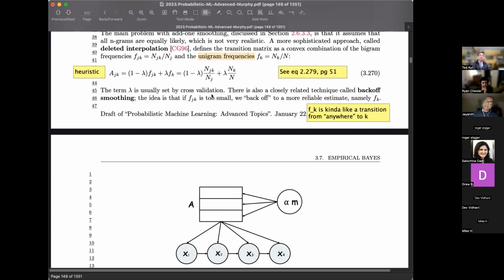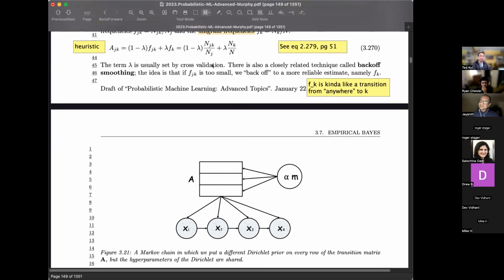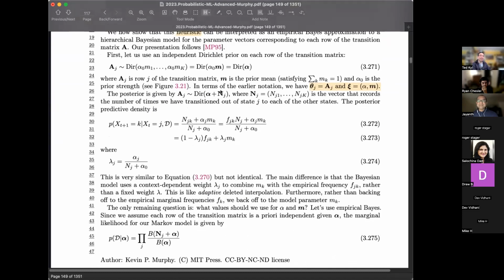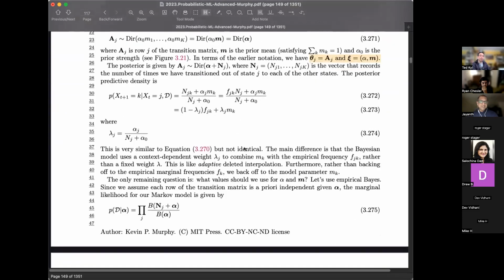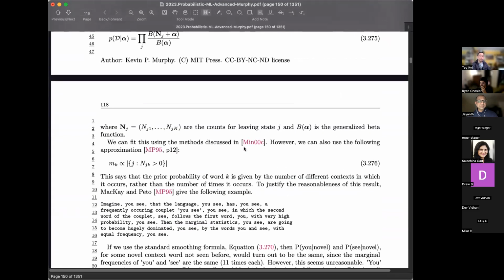So I guess you try out different values and see which works best for your data. So he kind of falls back to a frequentist approach here a little bit. I also didn't follow the math, but that was the gist of it.